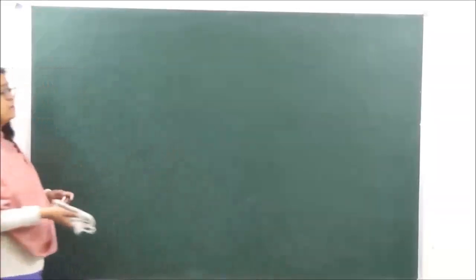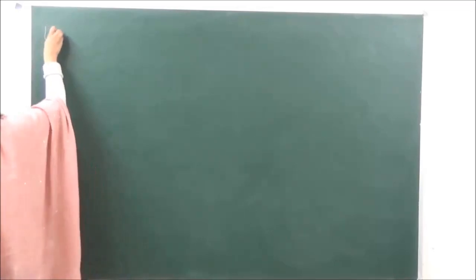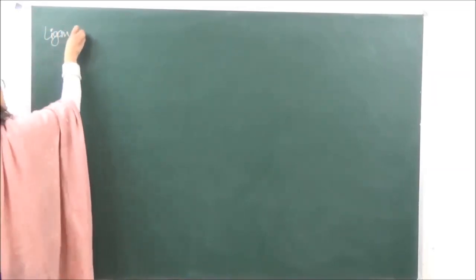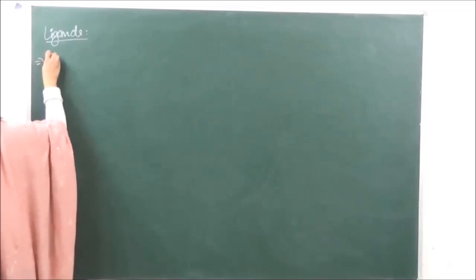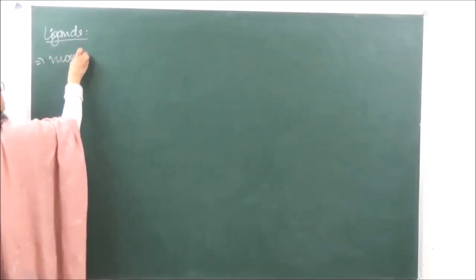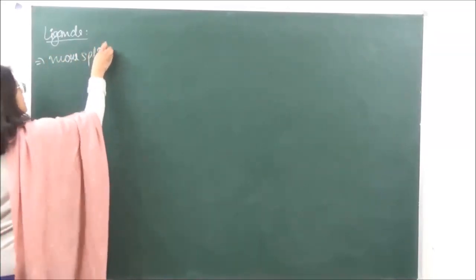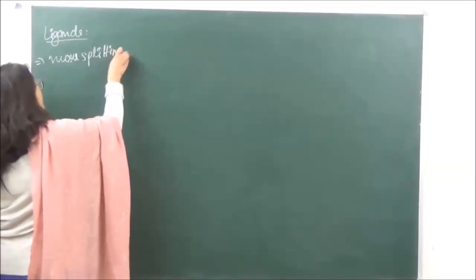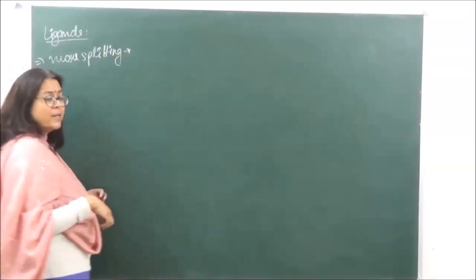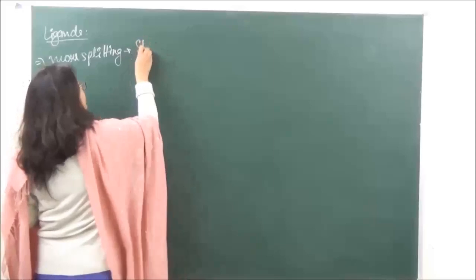Now there are two types of ligands which are present. Ligands which are going to bring about more splitting of the d orbitals are said to be strong field ligands.